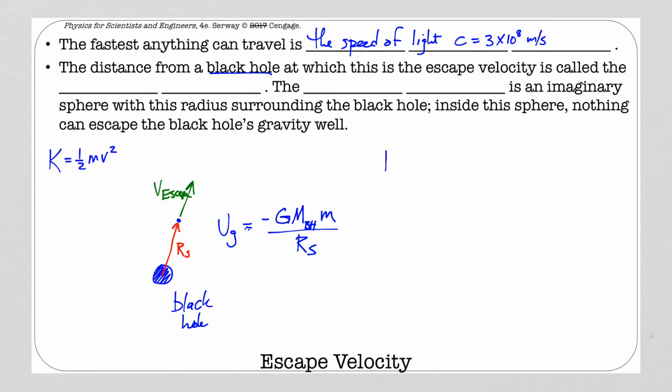We can do the same calculation we did before. Our total energy is going to be 0, and that is our kinetic energy plus our gravitational potential energy. If we're looking for the maximum values, our kinetic energy here would be 1/2 mc squared, because this would be the maximum kinetic energy associated with the maximum speed that we could have. And we would associate with that the maximum gravitational potential energy we could have.